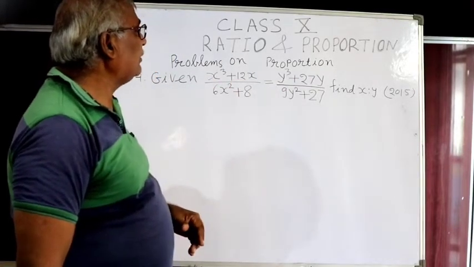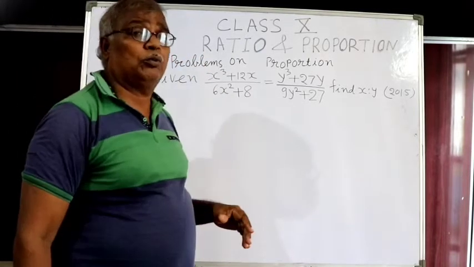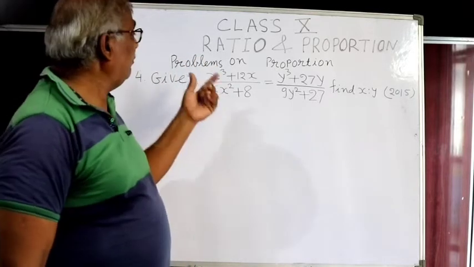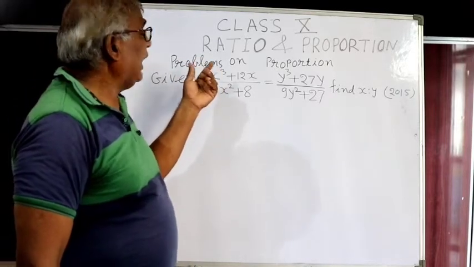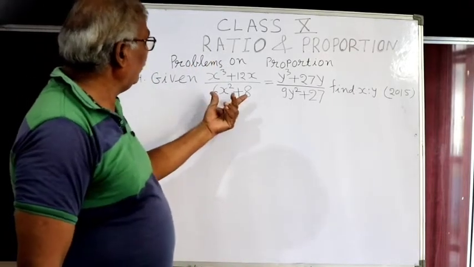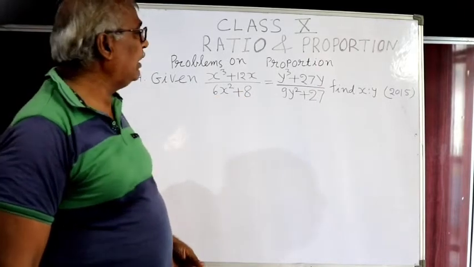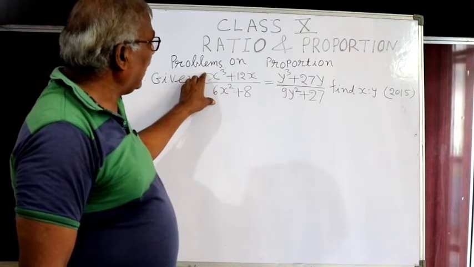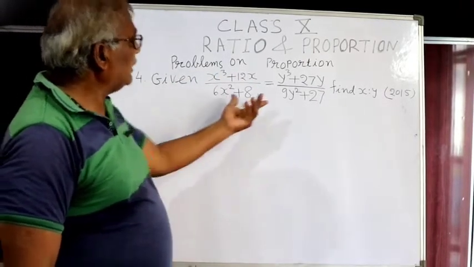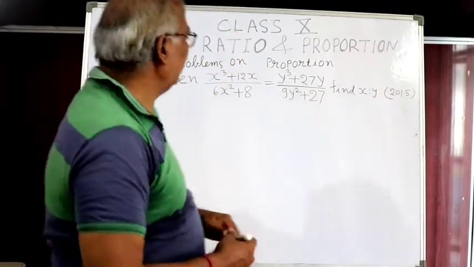By applying componendo and dividendo rule, we will get in the numerator the a plus b whole cube formula, and in the denominator the a minus b whole cube formula. So we will apply the componendo and dividendo rule here. This question came in the ICSE board examination 2015.